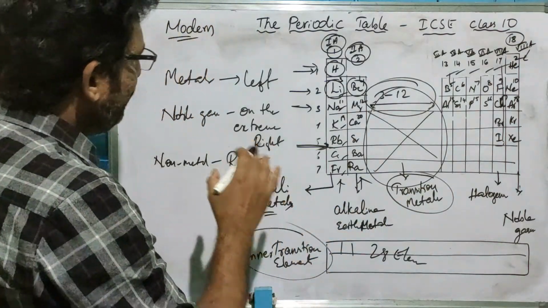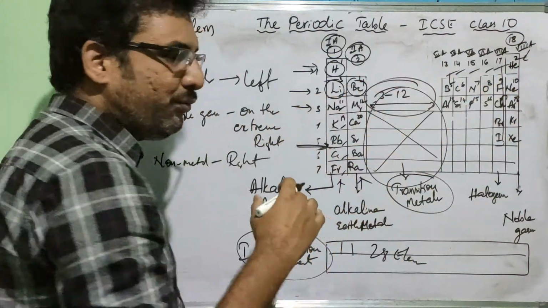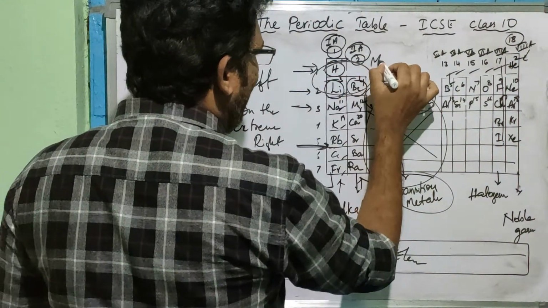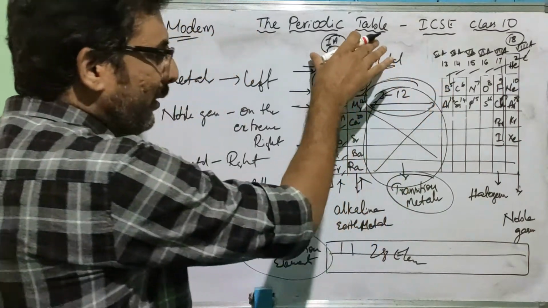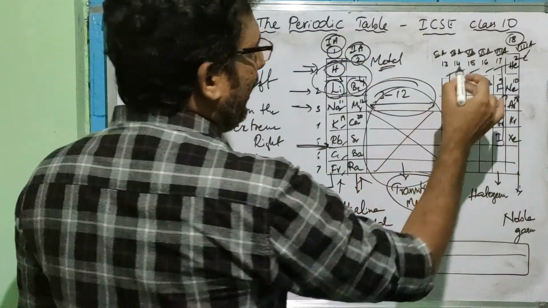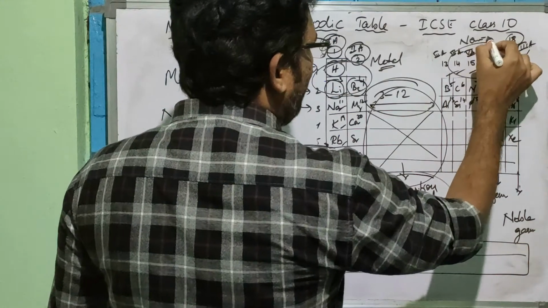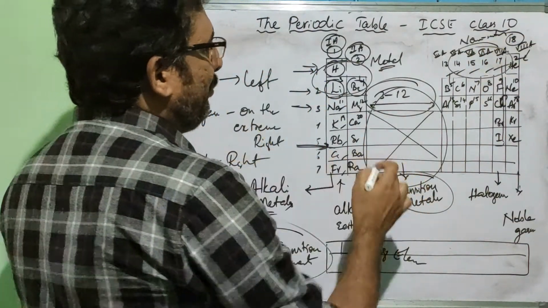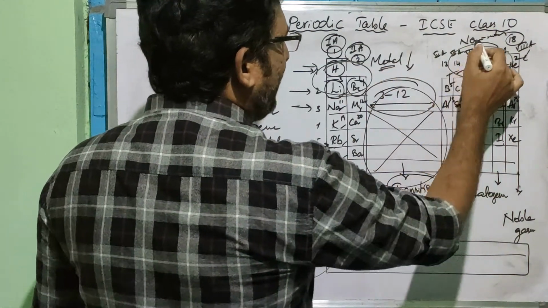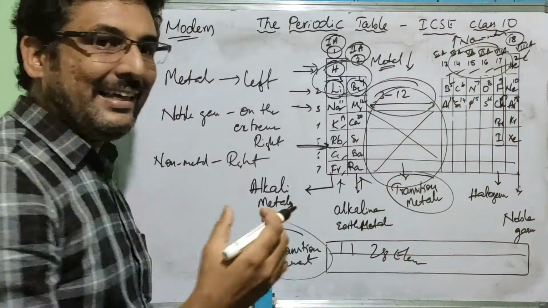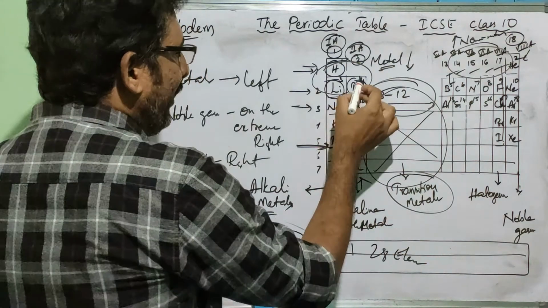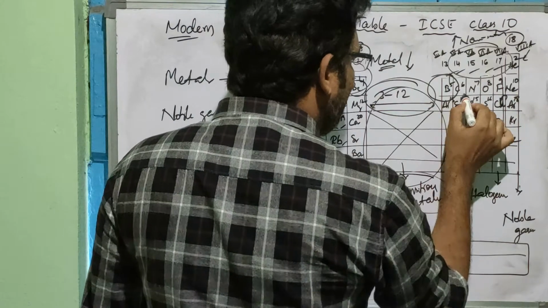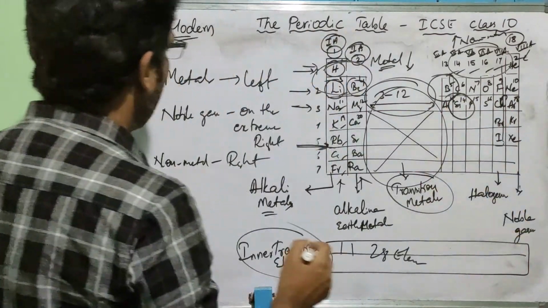As you move from left to right, the left side has metals, which show metallic character, and the right side has non-metals. So as you move from left to right, the metallic character decreases and the non-metallic character increases. And in between these metals and non-metals, you have elements like boron and silicon.